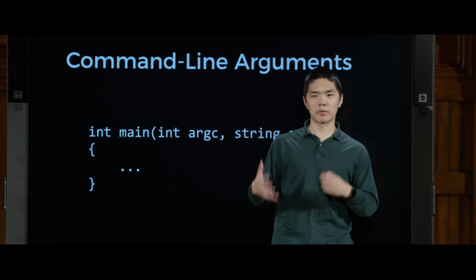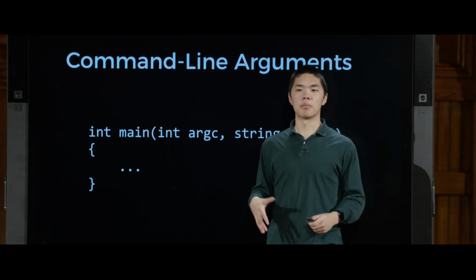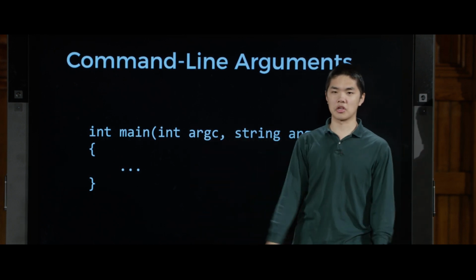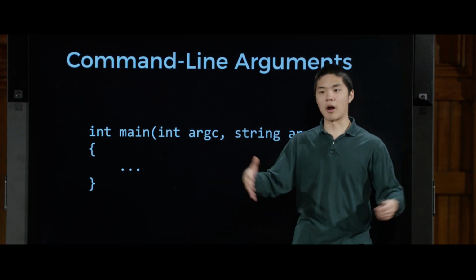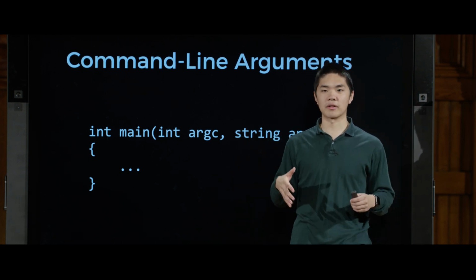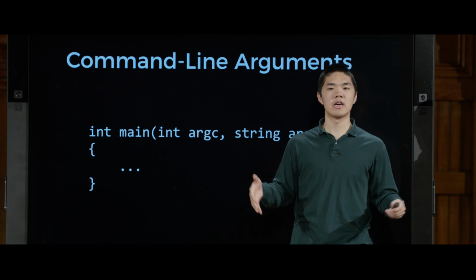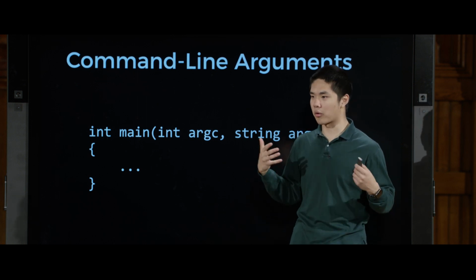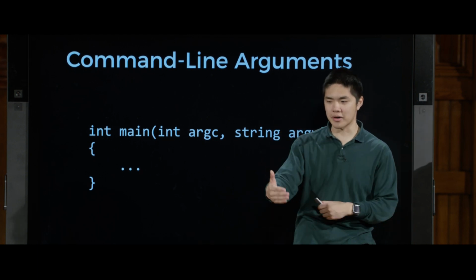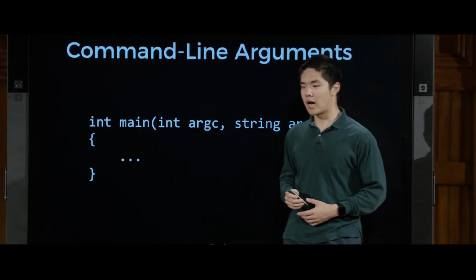We were able to use command line arguments in that way, both in your own programs and in programs that you've been running throughout the semester, like check50 or submit50, which takes as its command line argument the name of the problem that you want to check or submit. If you've ever used cd to change your directory, that's yet another example of a command line argument.